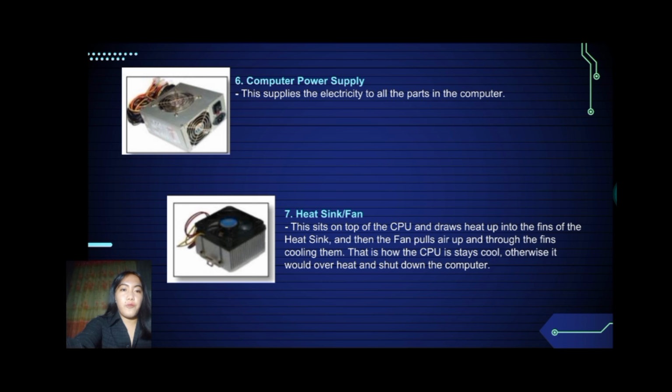Heat sink or fan. An essential component in keeping the CPU or Central Processing Unit cool. The heat sink is a metal block with numerous fins that serve to dissipate heat. It sits directly on top of the CPU to absorb and transfer heat away from the processor.